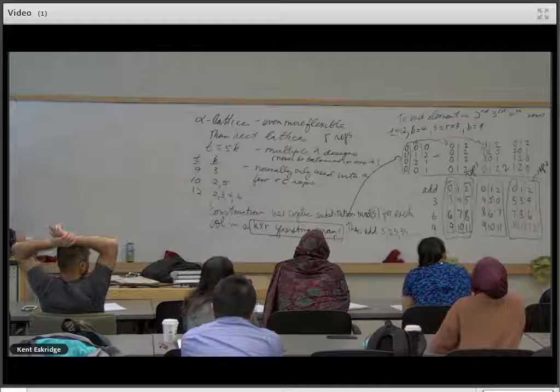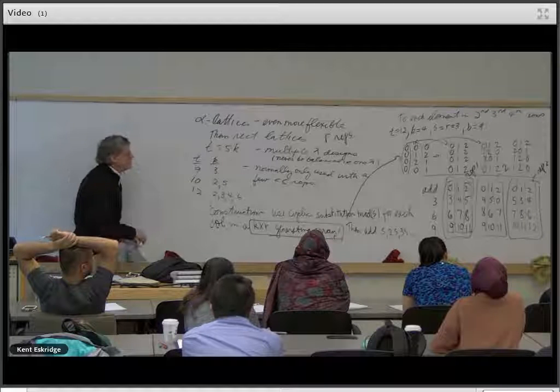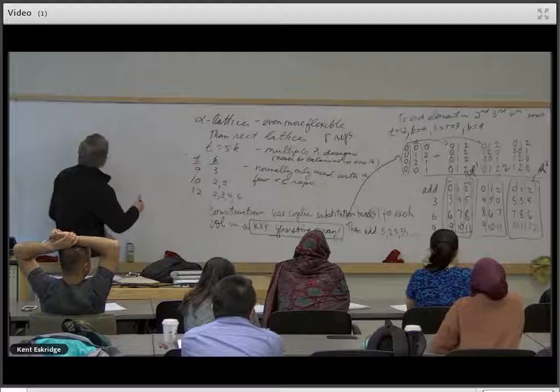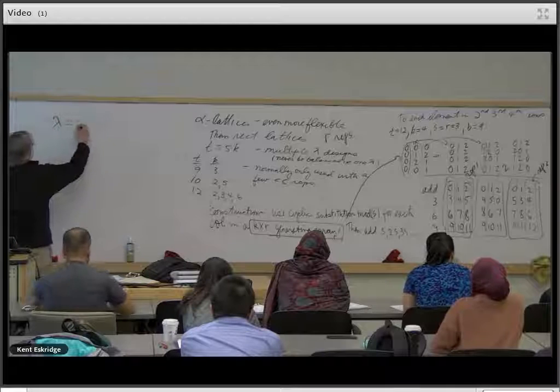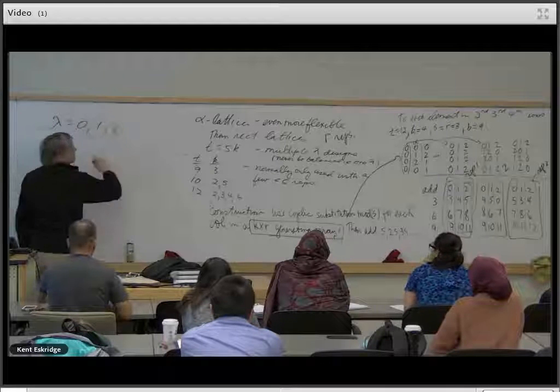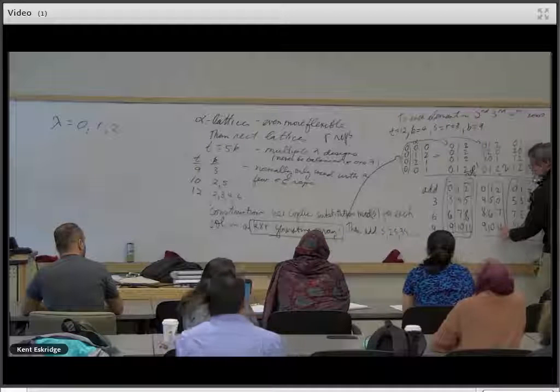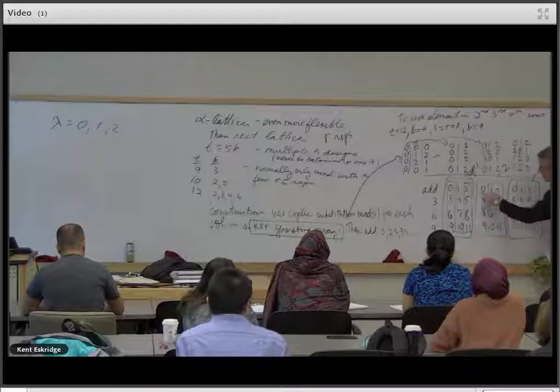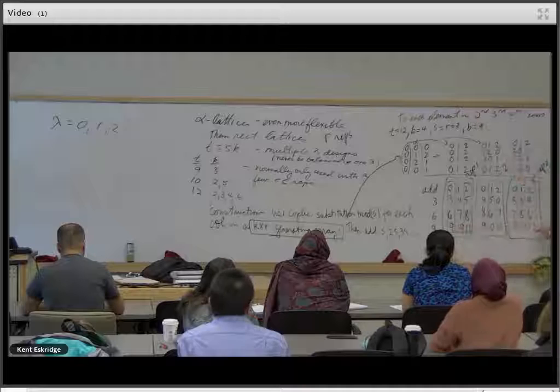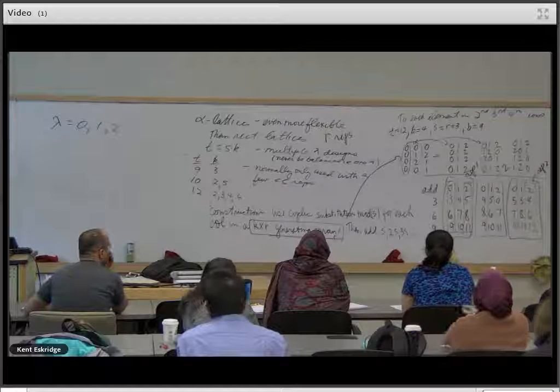You'd be studying it. But what are the lambdas? Lambdas are 0, 1, and 2. Why is it 2? Well, because treatment 0 is with 9 twice, right? The treatment 0 is never with 11 in the same column, the same block.